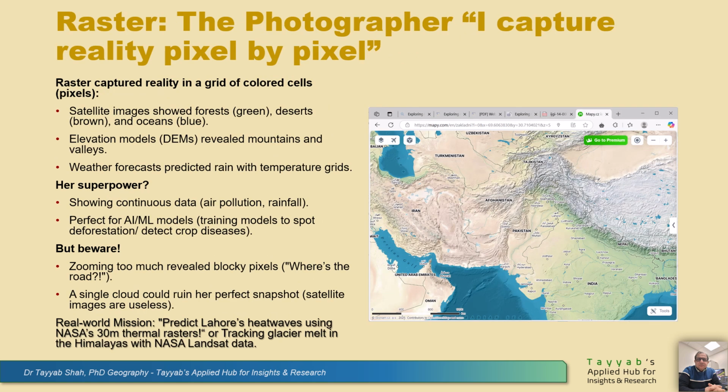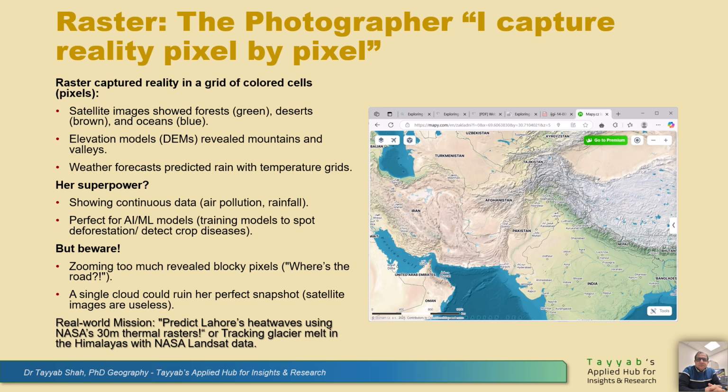The raster. I capture reality pixel by pixel. Raster captures reality in a grid of colored cells, which we call pixels. It could be satellite based, which can show you forest in green, desert in brown, or the ocean in blue.